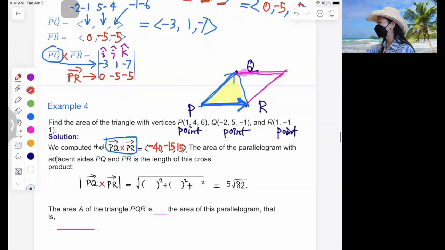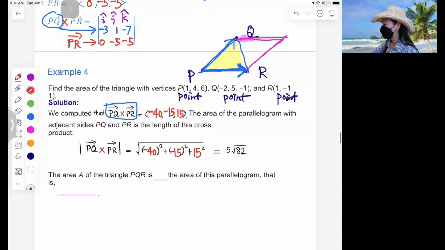How do you find the area of the parallelogram? That's the magnitude of the cross product, right? So what's the magnitude of this? You square each component and then sum them up, right? They turn out to be this.